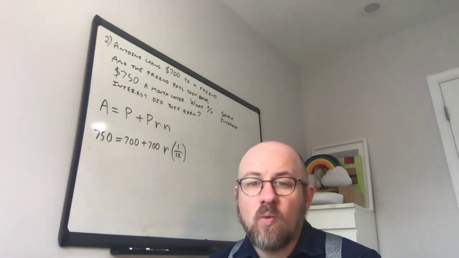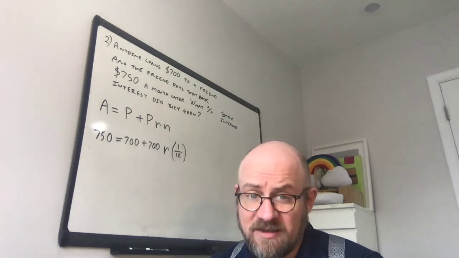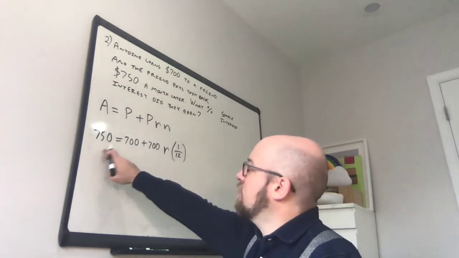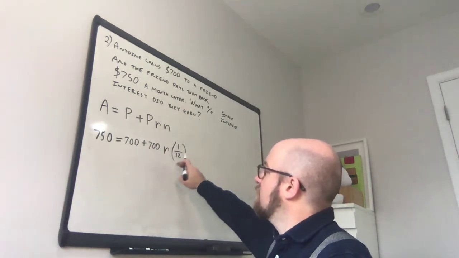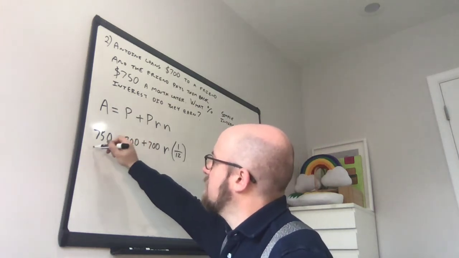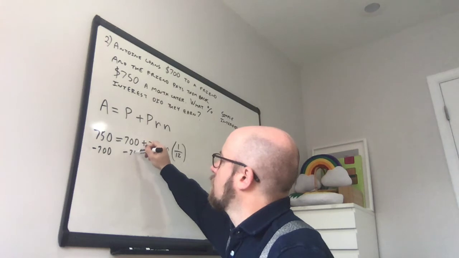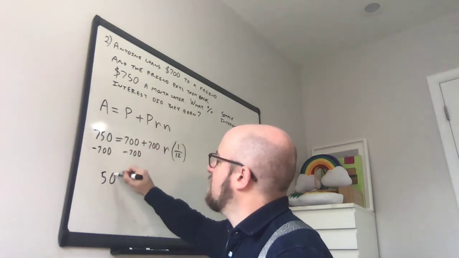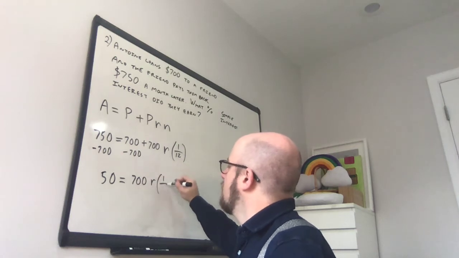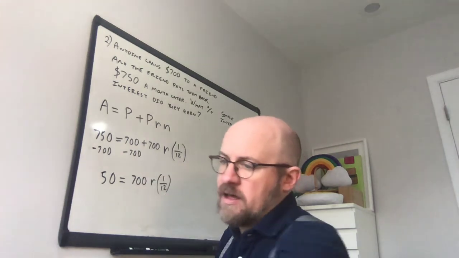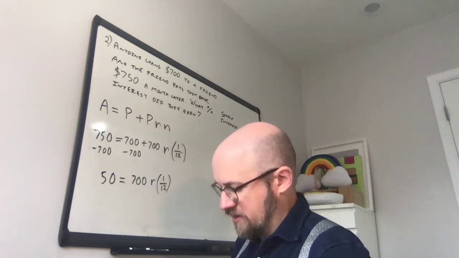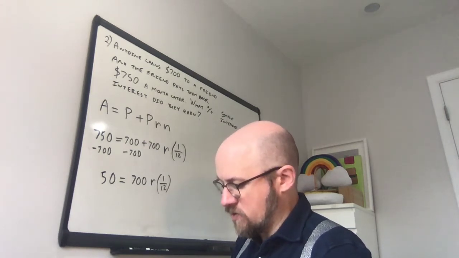Okay? So once you've got that in, the rest of this is super easy. The math here is not hard. So 750 equals 700 plus 700 times R times 1/12. You can subtract this 700 from each side. You get 50 equals 700 times R times 1/12. 700 times 1/12, let me calculate that real quick.